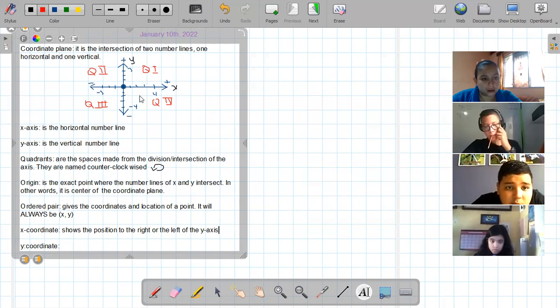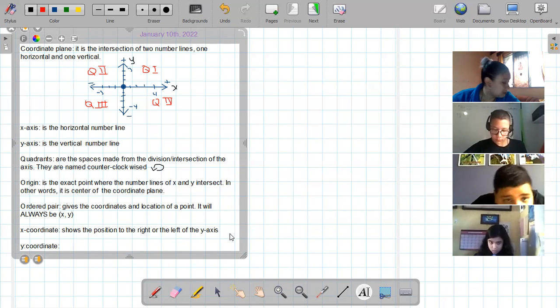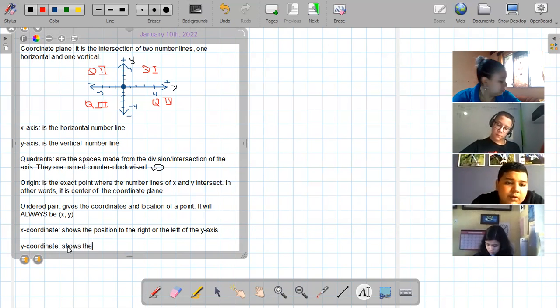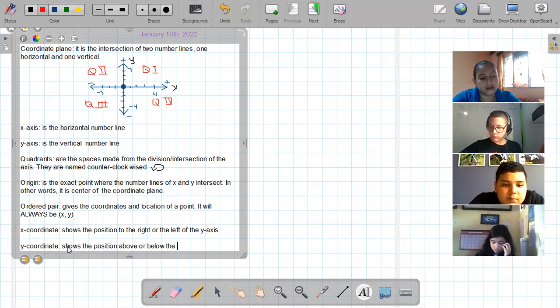But we're talking about the coordinate of the x-axis, okay? And the y coordinate, okay, the y coordinate, it shows the position above or below, up or down, the x-axis.